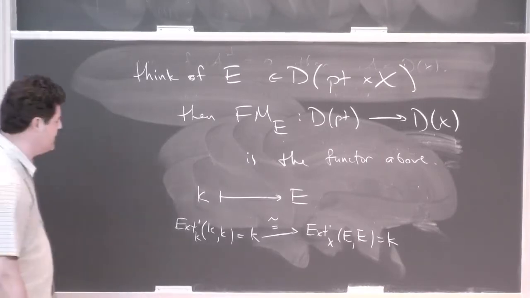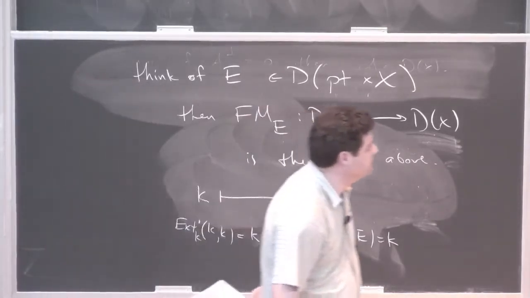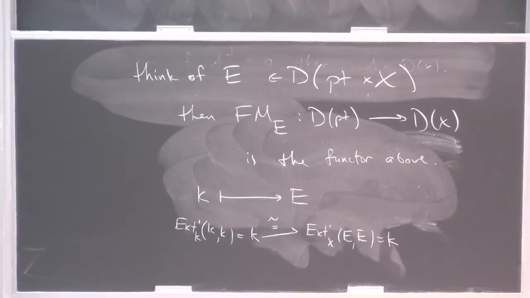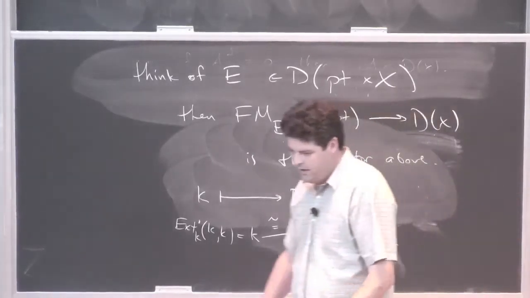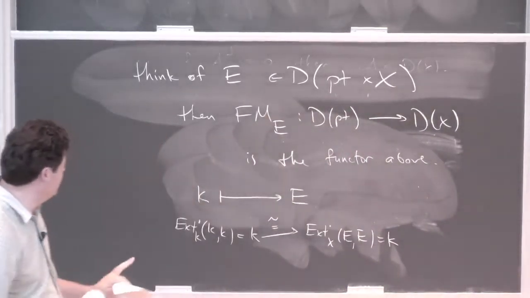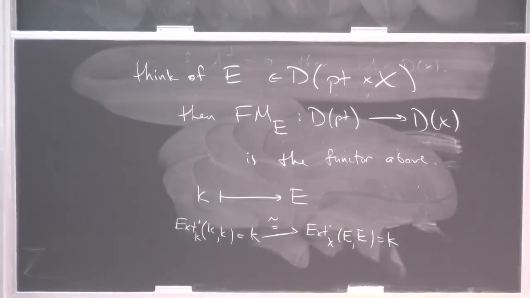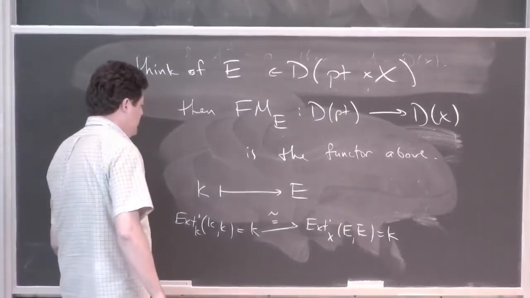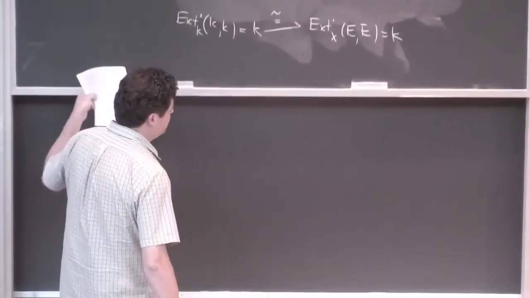So in fact, E is exceptional if and only if this functor, for any object in the derived category you can think of as a functor from the derived category of a point to X, is fully faithful. And that functor is fully faithful if and only if the object was exceptional. Should I write that? Maybe I should write that.